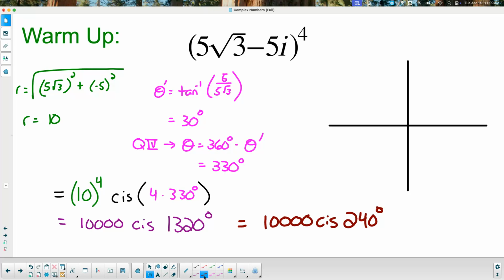And then if we wanted to put it in standard form, rectangular form, whichever one you want to call it, they both mean the same thing, then at 240 degrees, cosine is negative 1/2, so it would be negative 5,000 minus 5,000 i square roots of 3.